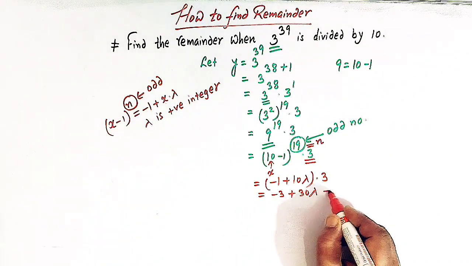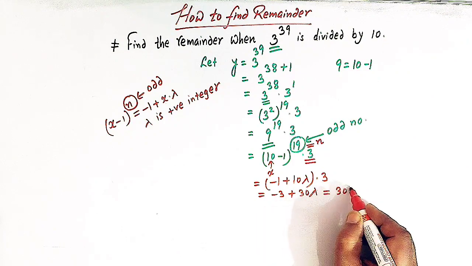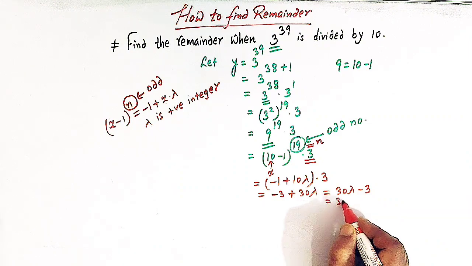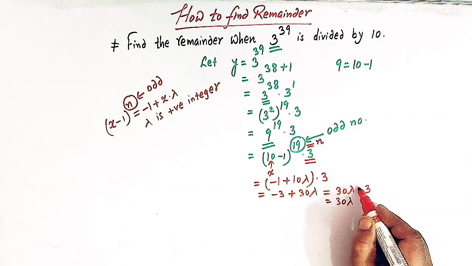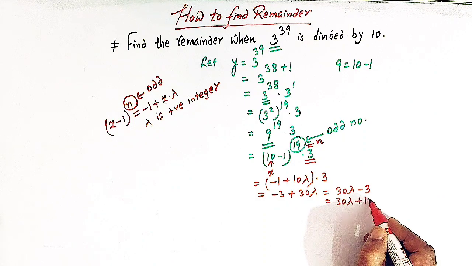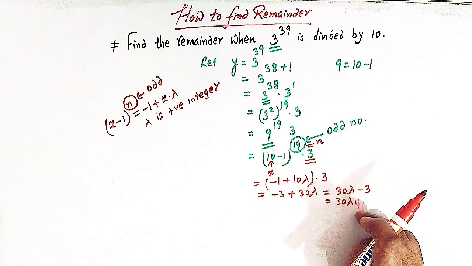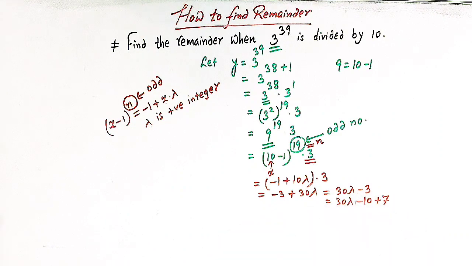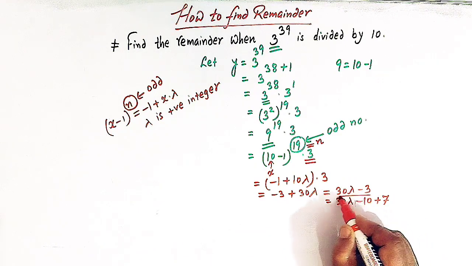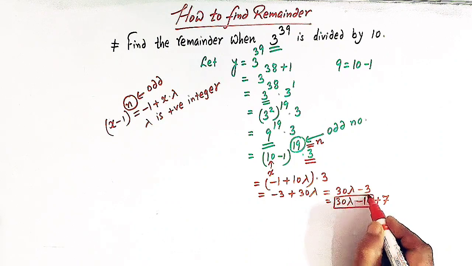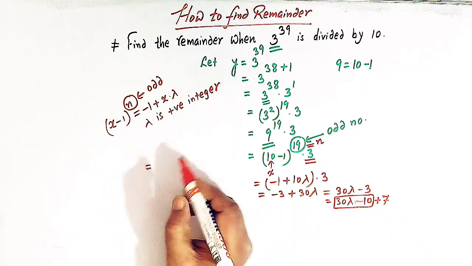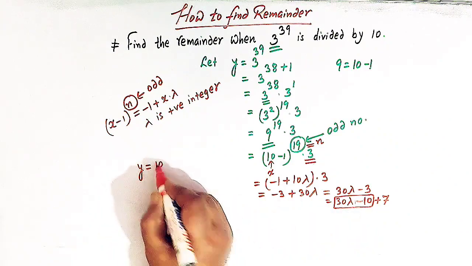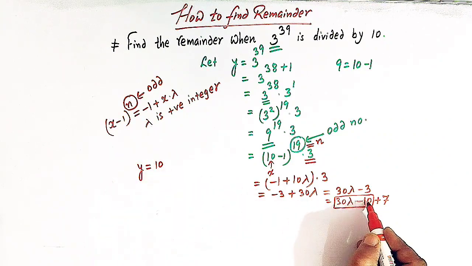So now let us rearrange the terms. We can write 30 lambda minus 3, and we can now write this negative 3 as minus 10 plus 7, right? And let us group these two numbers. So we can now have y is equal to, we can take 10 common out of these two numbers.